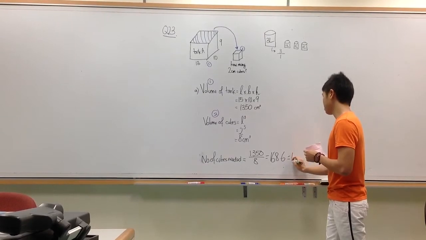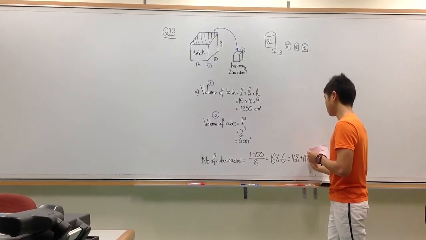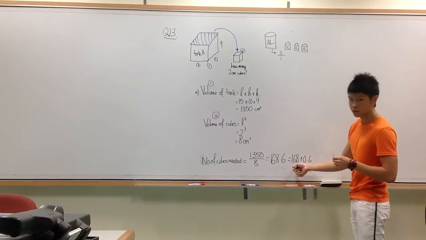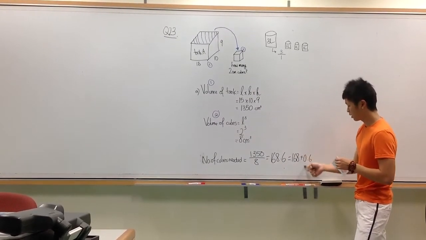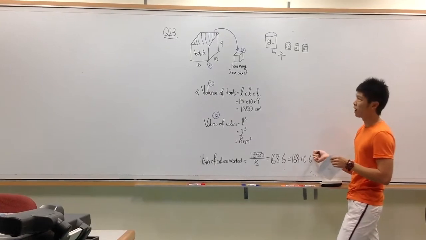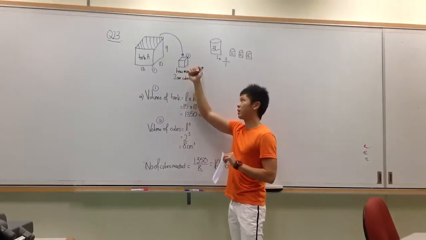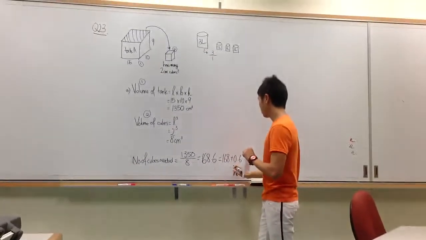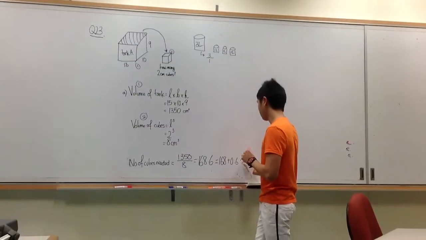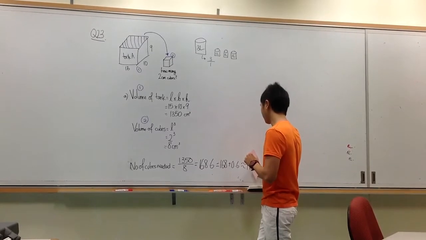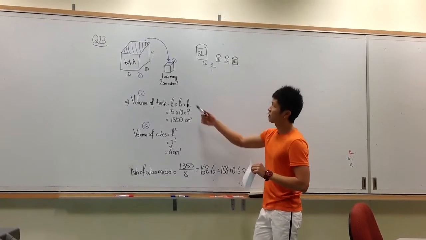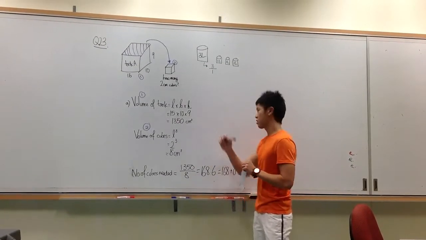What this means is actually just 168 plus 0.6, so you have 168 cubes plus this remaining water. What do you do with it? You throw it? No, right? They told you they want all the water from tank A to be transferred. So you have to round up this value to 169. It doesn't matter that the last cube is not completely filled.